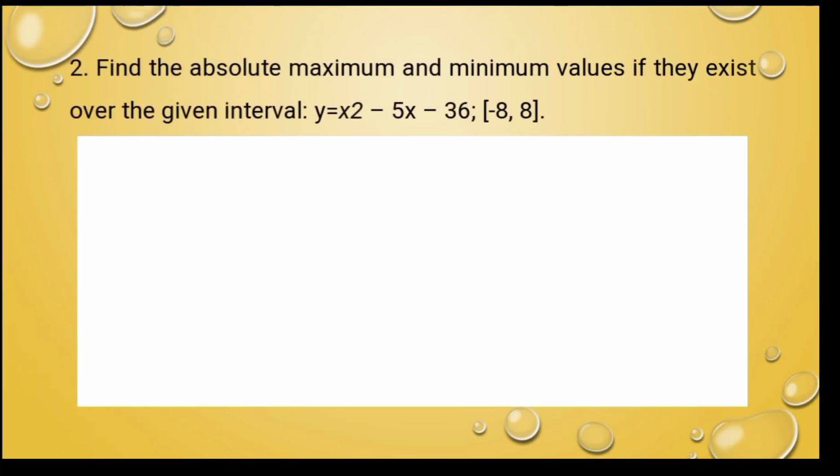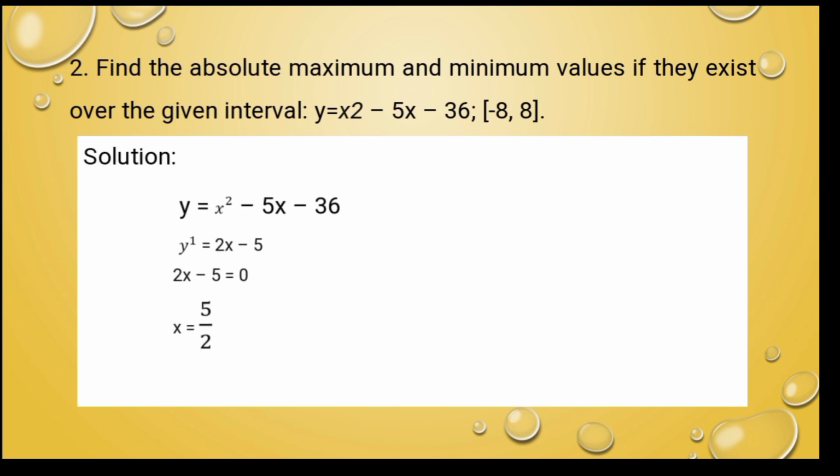For the second example, find the absolute maximum and minimum values, if they exist, over the given interval. y is equal to x squared minus 5x minus 36 on the interval from -8 to 8. So first, we have to find the critical number.